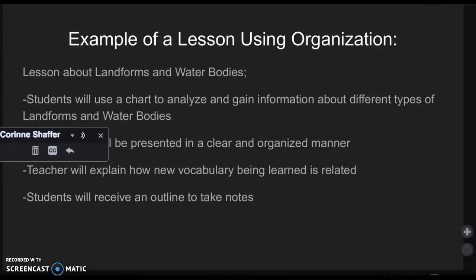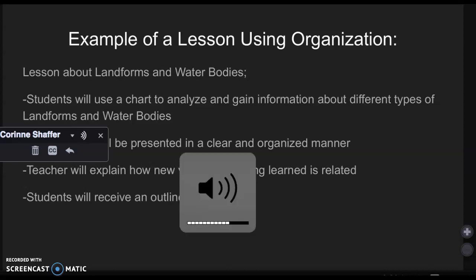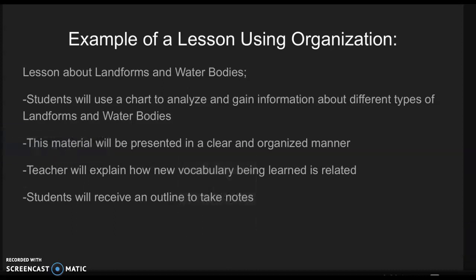So for an example of how to facilitate organization in a lesson, I came up with a lesson about landforms and bodies of water. And I made up a chart, which I'll show you in the next slide. And the purpose of the chart is to really just let students organize different new vocabulary that they're learning by categories.